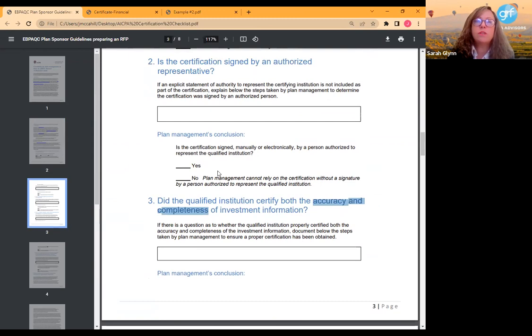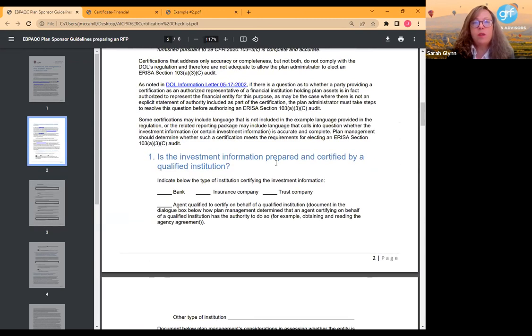The first question: is the information prepared and certified by a qualified institution, a bank, an insurance company, or a trust company? In some situations, an agency may provide the certification on behalf of one of these institutions. If that's the case, management is required to obtain an agency agreement and determine that the agent is qualified to represent that institution.